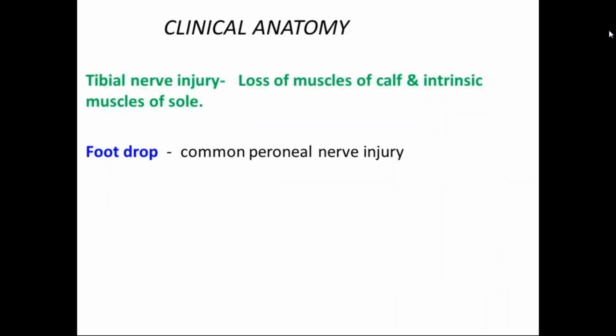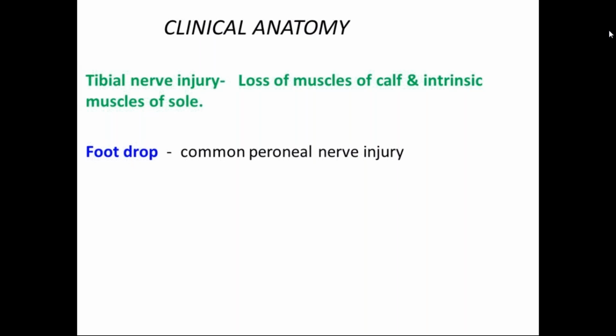In nerve injuries, we have tibial nerve injury, which may result in motor loss as well as sensory loss. The motor loss is due to the superficial and deep muscles of the calf and intrinsic muscles of the sole. The sensory loss is on the whole of sole of foot, the plantar aspect of digits, and nail beds on the dorsum of foot. The common peroneal nerve injury results in the condition known as foot drop.